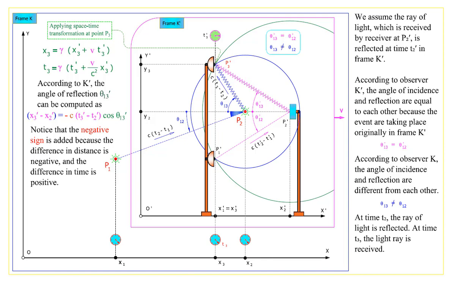Notice that the negative sign is added because the difference in distance is negative, and the difference in time is positive. According to K, the angle of reflection θ13 can be computed as x3 minus x2 equals negative c times (t3 minus t2) times cosine θ13.